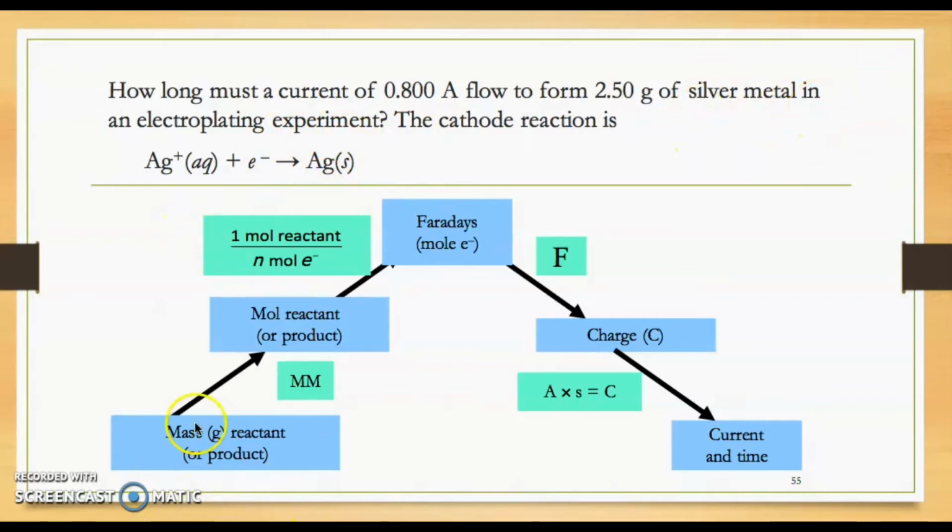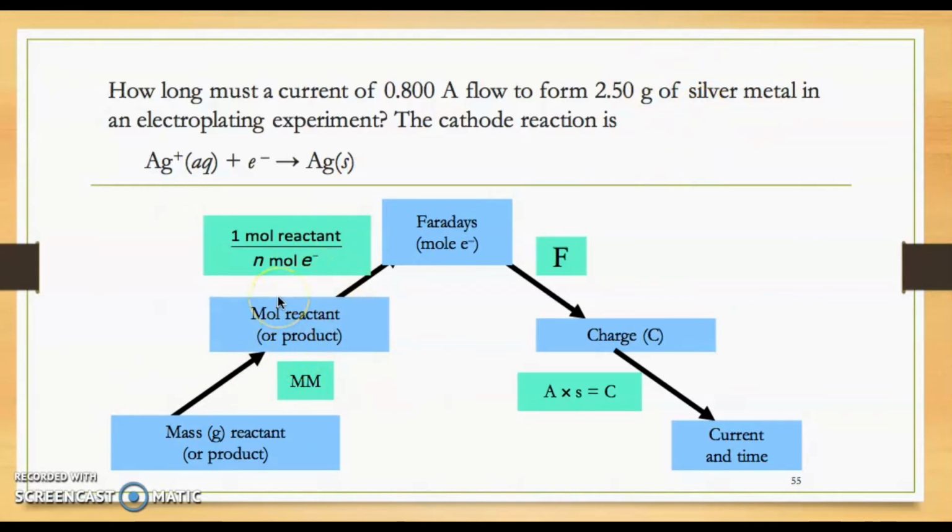And look at this, mass, reactants or product. 2.5 gram of silver metal, you need to convert to the mole. To convert to the mole, mass you divide by the RMM, the molar mass of the silver, and you get the mole.